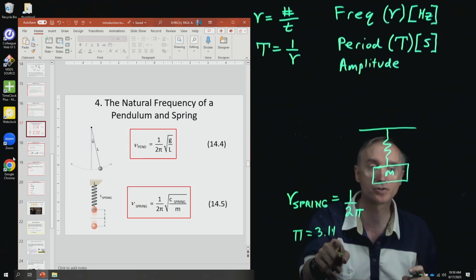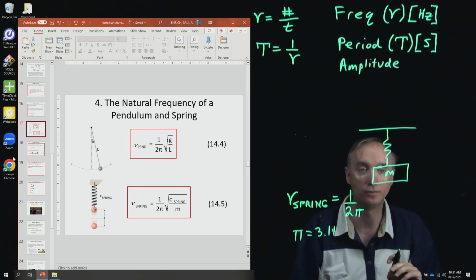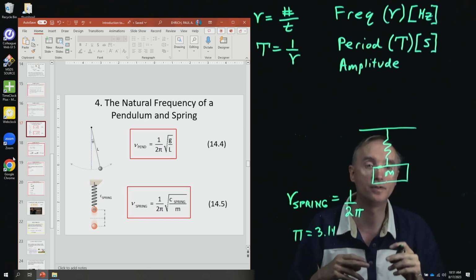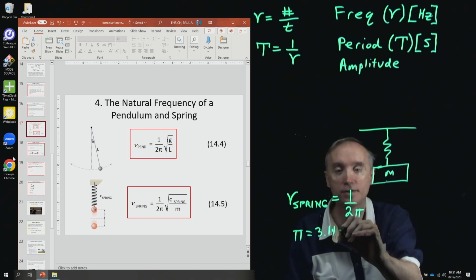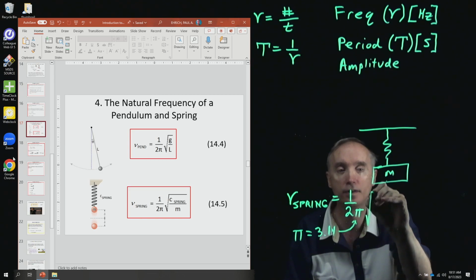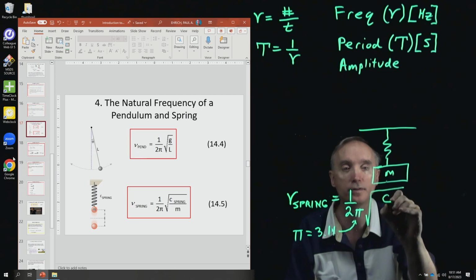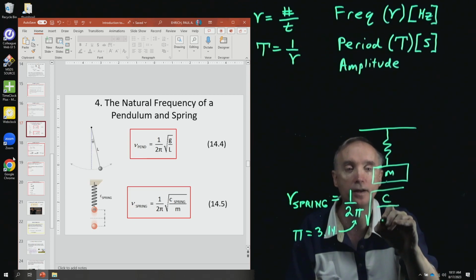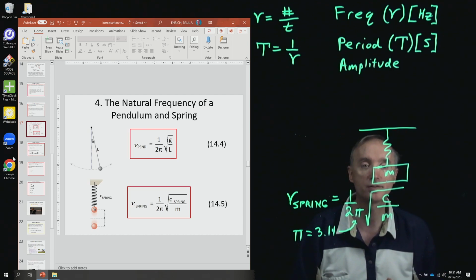Now it's actually much longer, it's infinite in length as far as we know, but for purposes of the exam you only need to know it to 3 significant figures, so 3.14. And then you've got the square root of the spring constant divided by the mass that you're putting on there. So that's the formula.